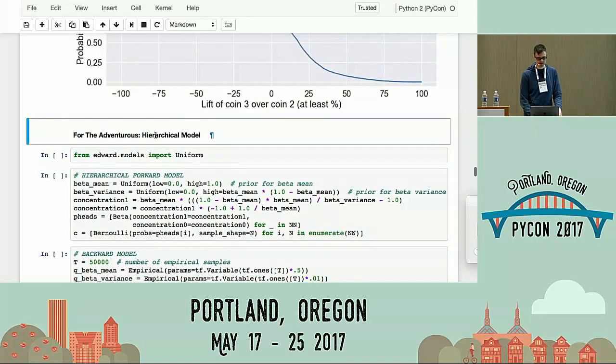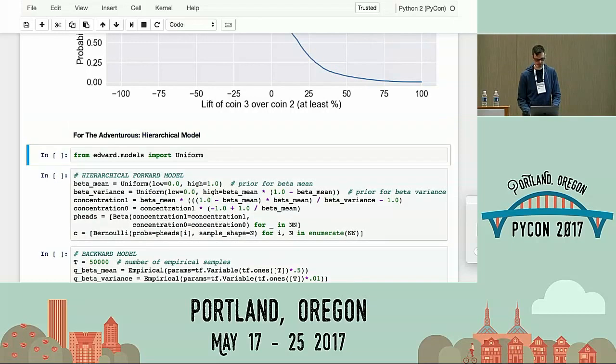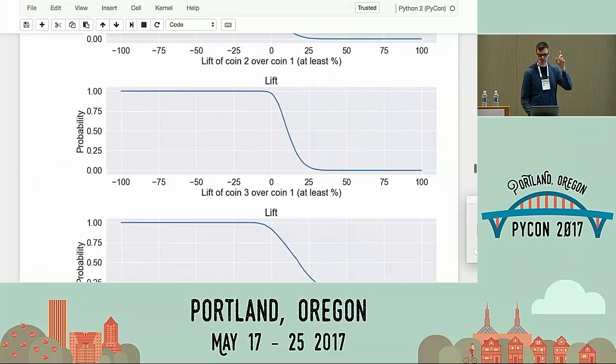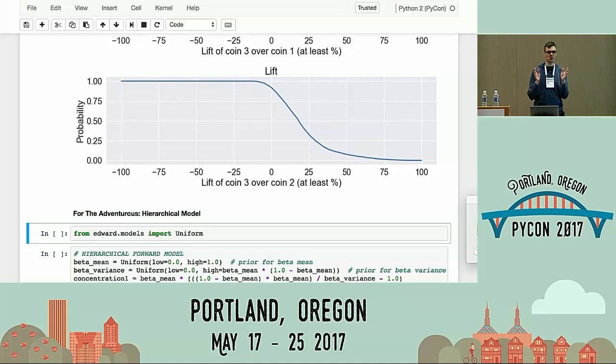In this part here I included a hierarchical model. What that means is you make your model more complex by composing it. What we did above was we had these 4 coins, and we had different, independent models for all of these coins, with different priors for each.